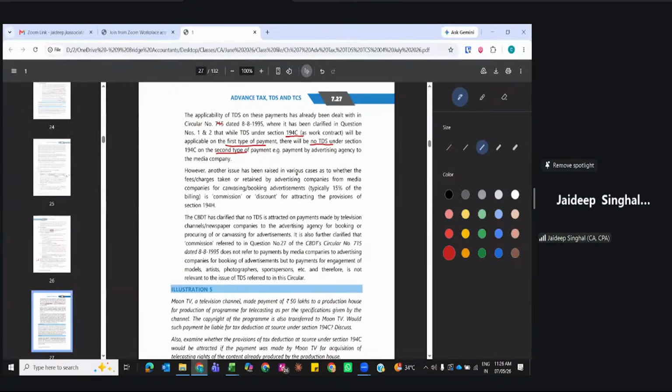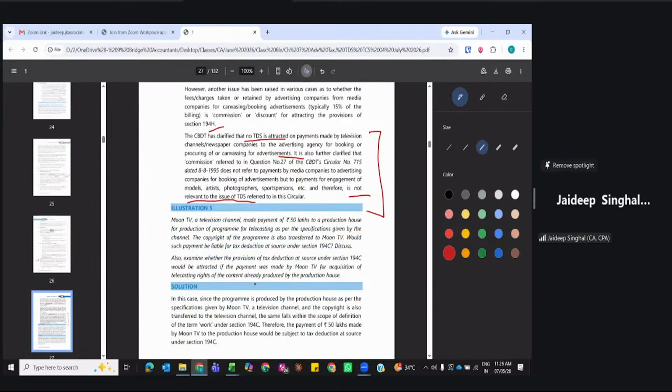On this also TDS doesn't apply. The CBDT has clarified that no TDS is attracted for booking or canvassing of advertisements. This is not relevant to the issue of TDS.